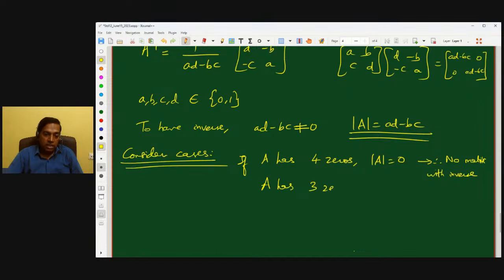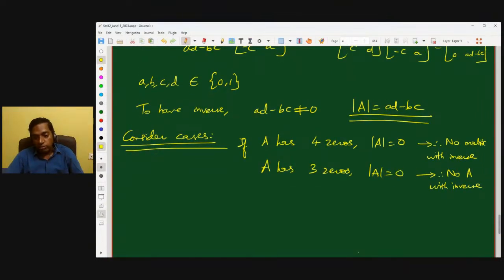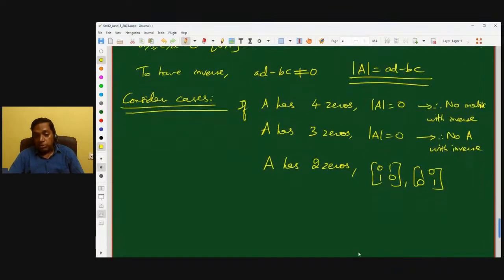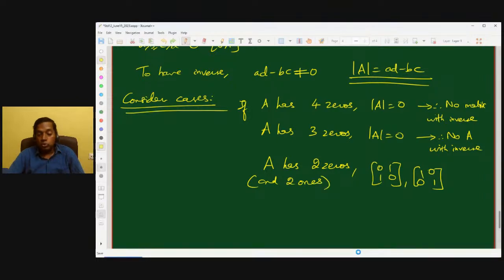If A has 3 zeros, whichever places you put them, determinant A is 0, again no A, because whichever 3 places you put 0, it will become determinant 0. If A has 2 zeros, then what are the cases that have determinant as non-zero? If you put 0 0 1 1, this won't work. So actually you have to put the zeros on a diagonal. Remember, two zeros means the remaining are two ones.